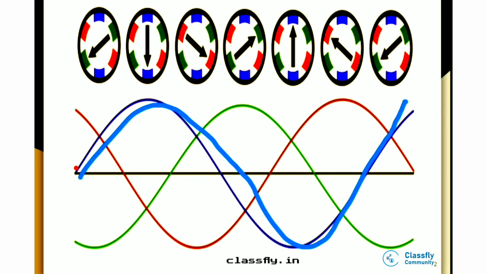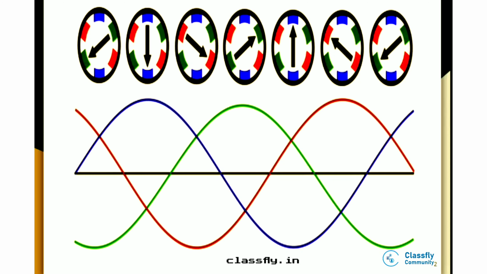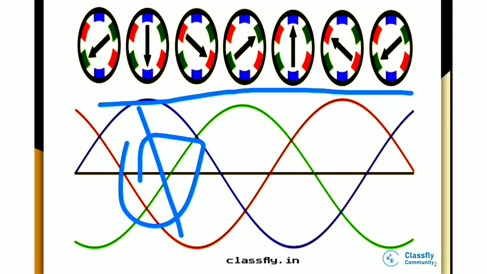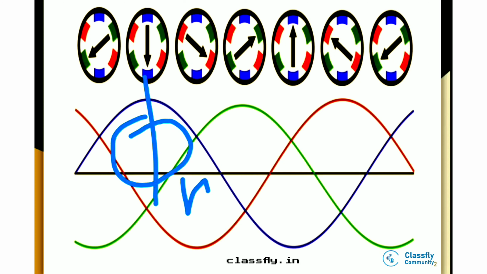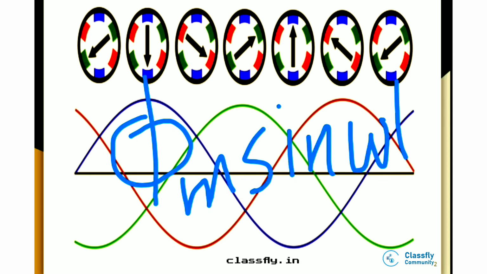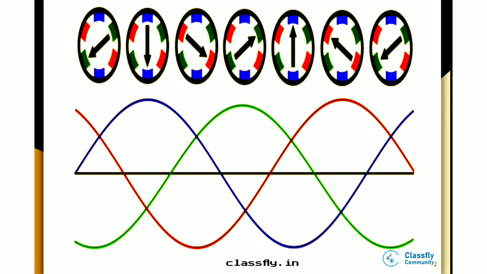Its equation will be, if this is phi m, that means maximum flux, then phi m sine omega t, that means it is at 0 degree, whereas the green one is lagging by 120 degrees.